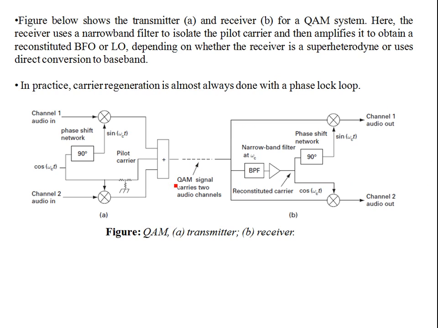If you recall what we talked about earlier, consider this to be channel 1 X1 audio, X2 audio, and we have two product modulators, mixers, which are used to mix X1 and X2 independently by two carriers which are in quadrature.